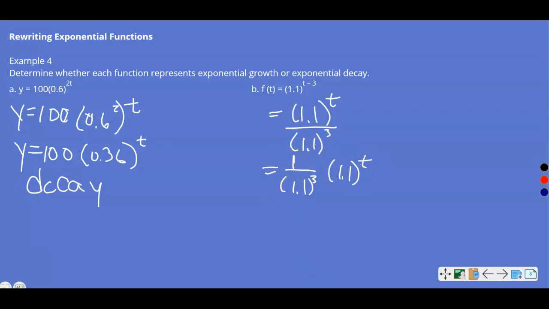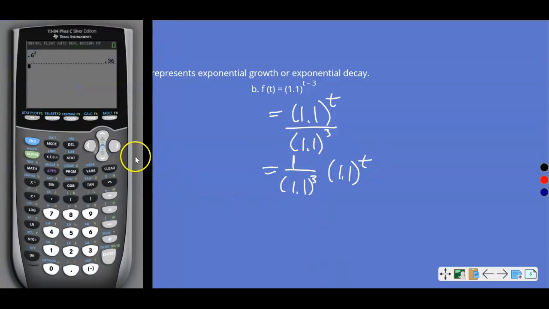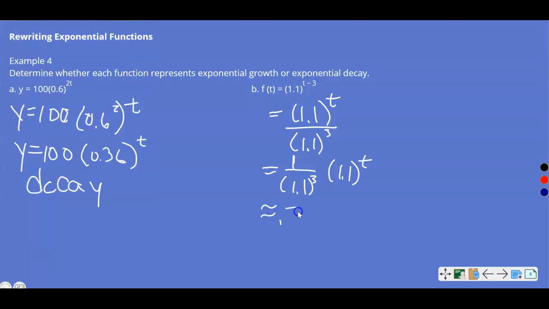We're going to have 1 divided by 1.1 to the third, and that's going to give us about 0.75. So this is about 0.75 times 1.1 to the t.